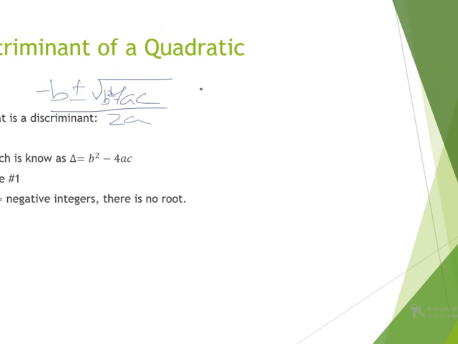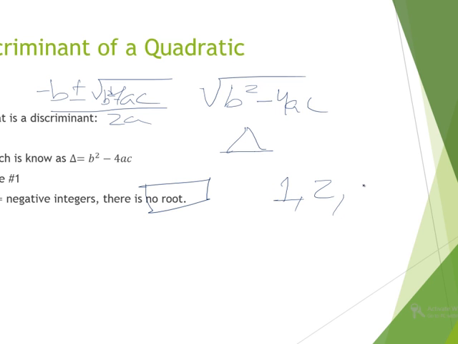And what's inside the root, b squared minus 4ac, is called the discriminant, which in physics is known as delta, but here in this case is known as a discriminant. Why do we use a discriminant? There's always a reason for everything. It identifies whether there will be any root, when we get answers, either one answer, two answers, or no answer.